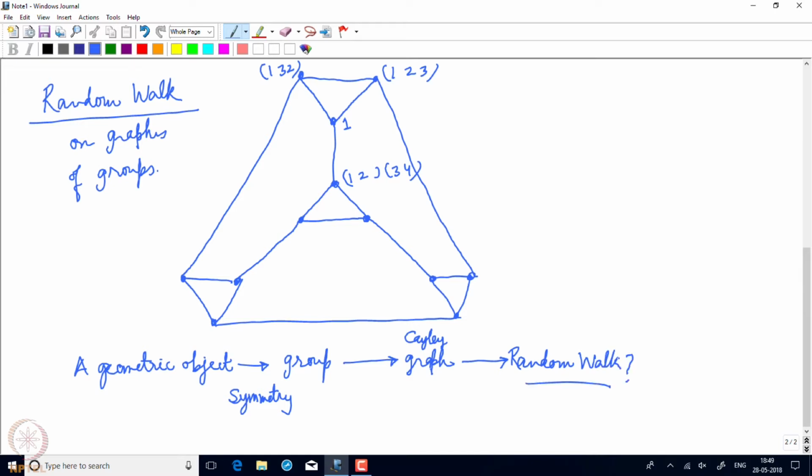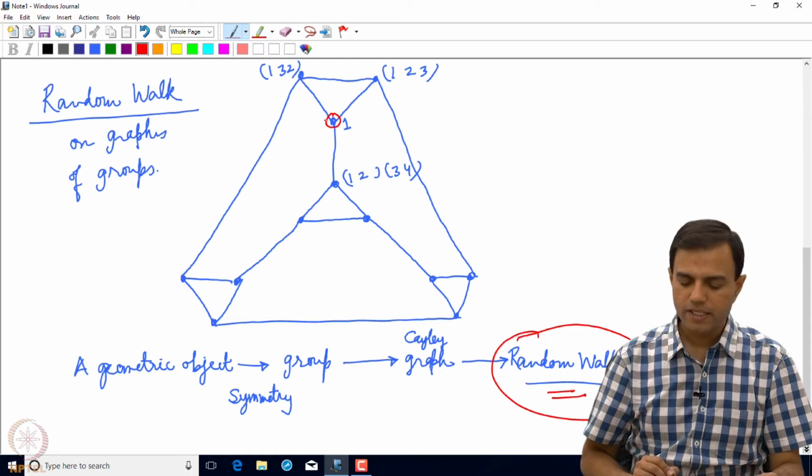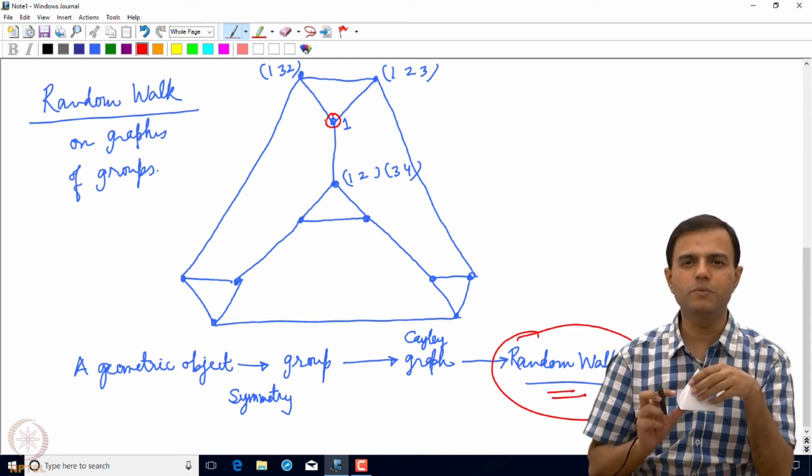So, what is a random walk, and what is the advantage of considering certain things in the language of random walks? I am trying to explain it through an example. We take a point, say here, that is the identity position.